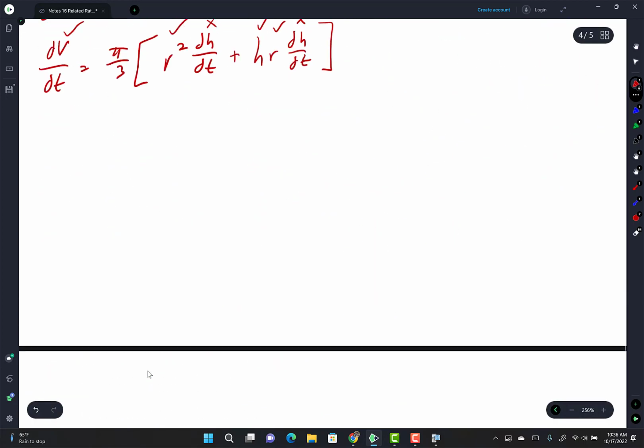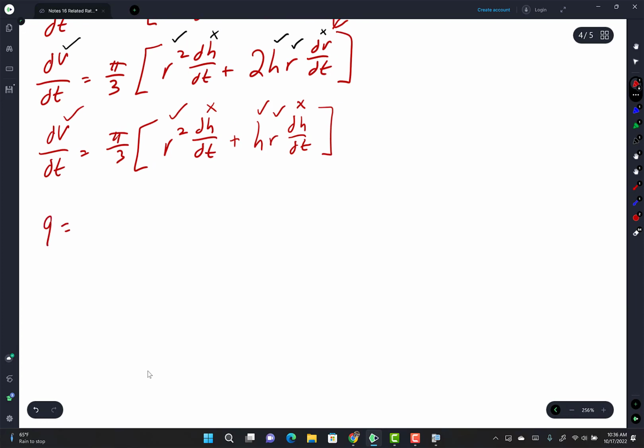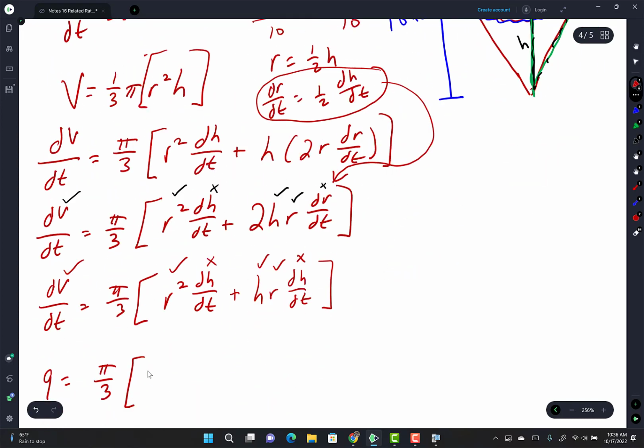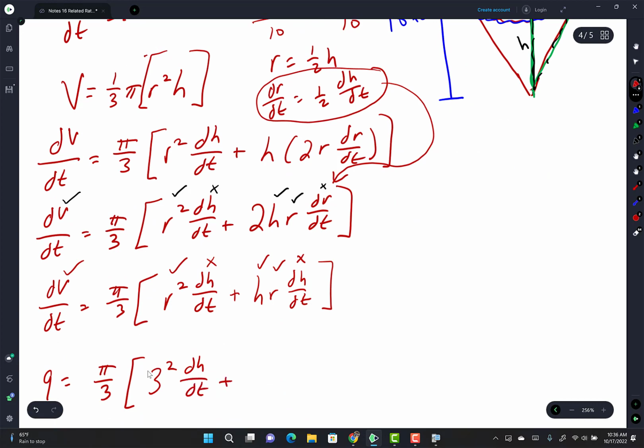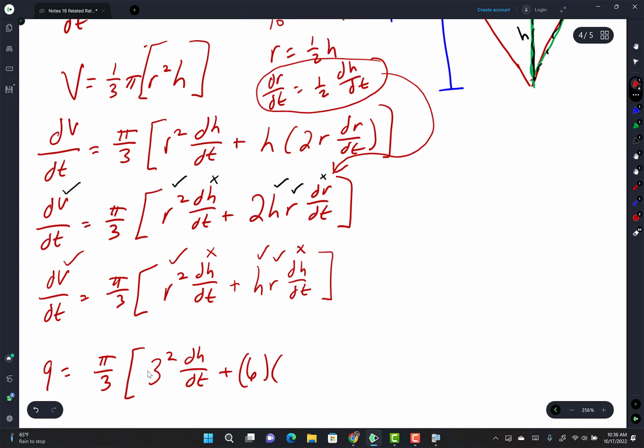So what is my dV dt? 9 equals pi over 3, bracket, what's my r? 3 squared dH dt. We don't know what that is. Plus, what's my h? 6 times, again, 3 dH dt. Perfect.